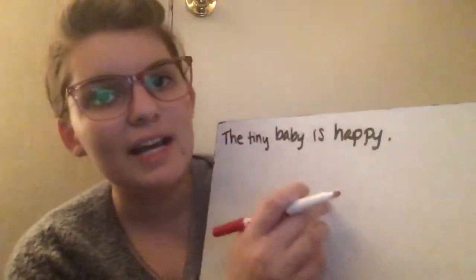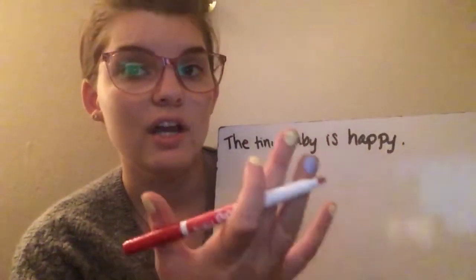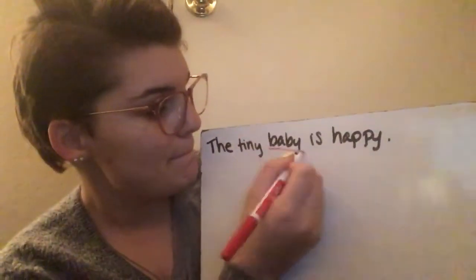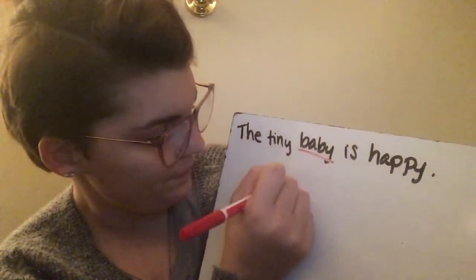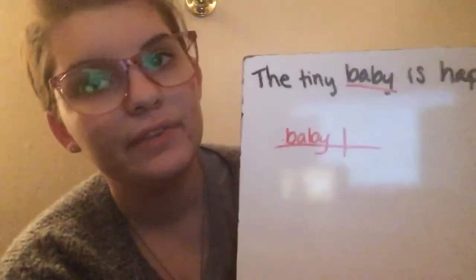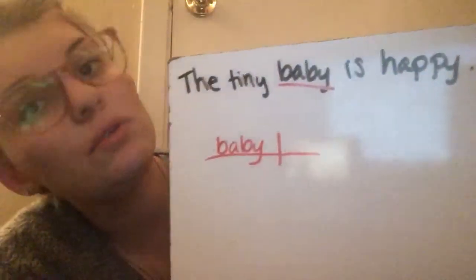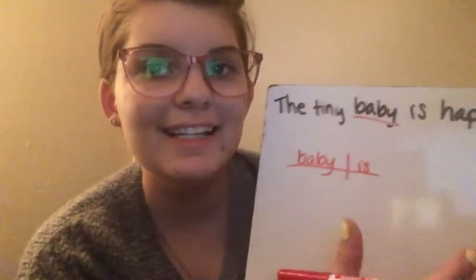Anyway, so the tiny baby is happy. Like always, we start out with, what is our subject? Our subject is going to be baby. So we write baby on the line. Now, what verbs do we have? There's only one. The only one verb that we have is. However, we know that this is a linking verb.